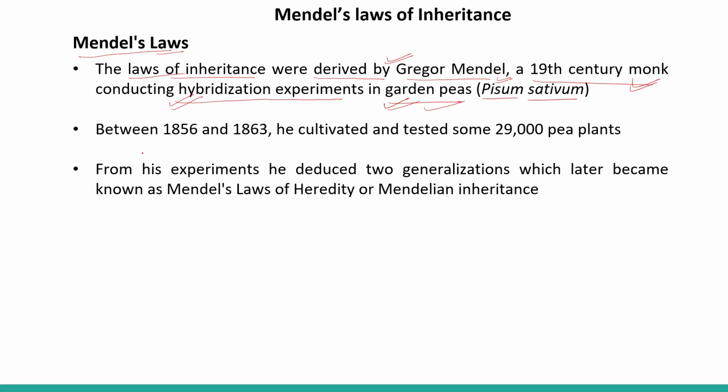Between 1856 and 1863, he cultivated and tested some 29,000 pea plants. By profession, he was not a biologist, not a botanist, but due to curiosity he used this plant, the garden pea, for his experiment.